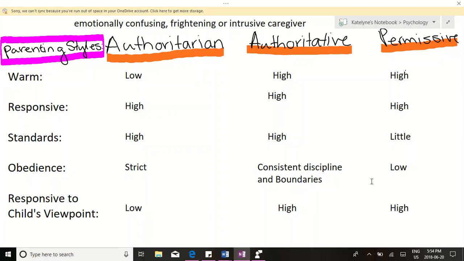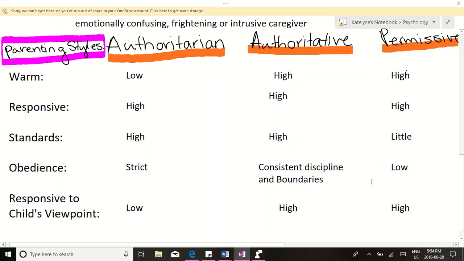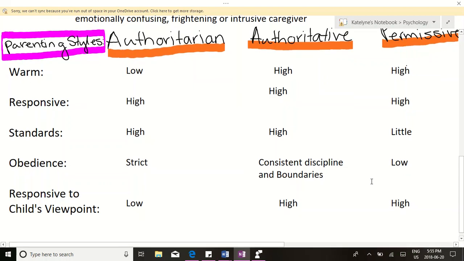They do provide consistent discipline, and also they provide limits and boundaries that the child cannot cross. And the last thing about the authoritative parent is that they have a high responsiveness to the child's viewpoint. So they will actually consider what the child has to say, and not just because whatever the parent says is what goes. In this case, the child also has a say, even if it's right or wrong.